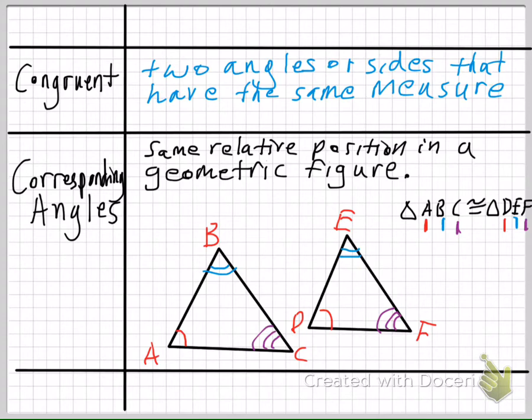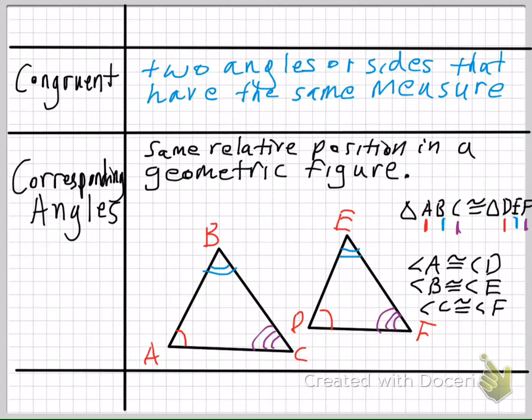So we say that angle A is congruent to angle D. We say that angle B is congruent to angle E. And we say that angle C is congruent to angle F. So that's how we can identify corresponding angles.